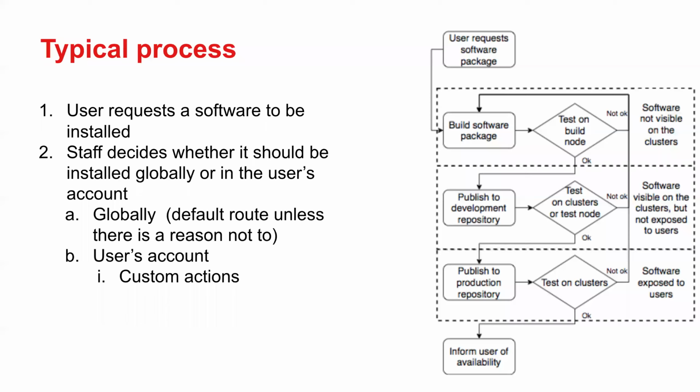The users could have access to it, but it's not visible without us telling them to do something to have access to it. If it's all okay, then we publish it to the production repository, and then it becomes directly visible on the software on the clusters. So it gets exposed to the users just at the very last step.